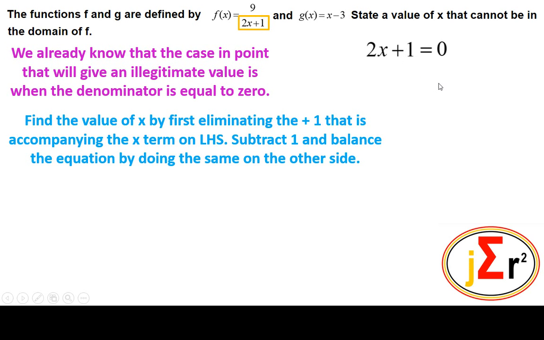So we will write -1 on that left hand side in order to eliminate this +1 that we have here, and we need to do the same to the other side in order to maintain the integrity of the equation.